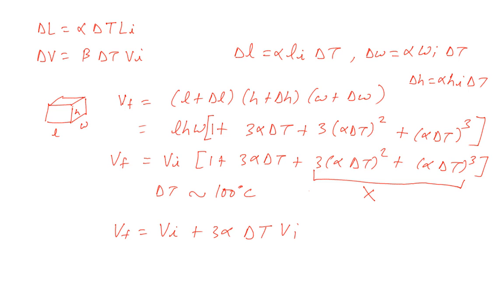Now we know Vf minus Vi is delta V, which equals 3 alpha delta T Vi. Now as you can see, we can compare it with the formula we were using here, and we can see that beta is very close to 3 alpha.